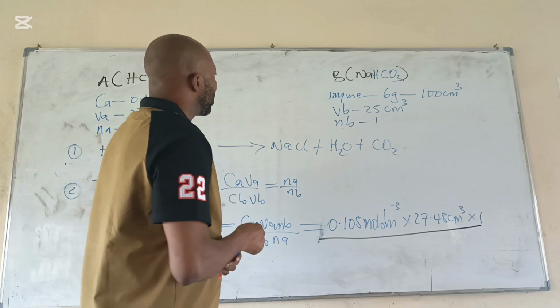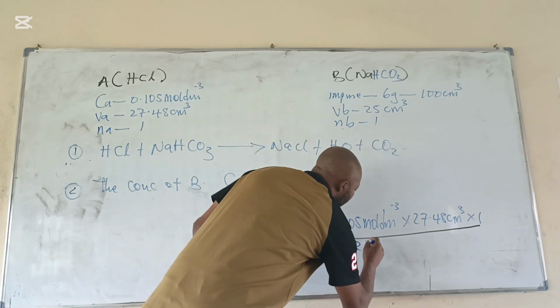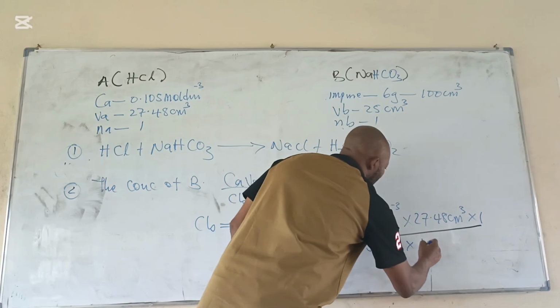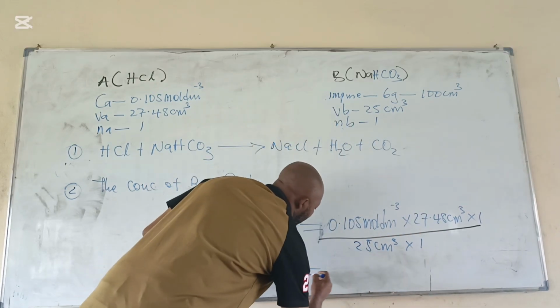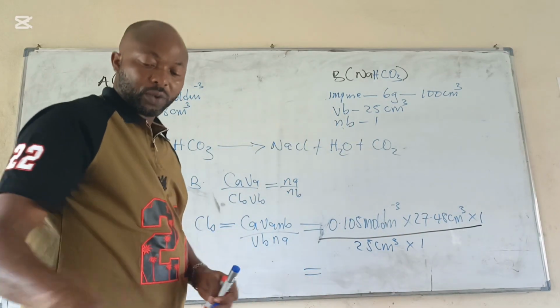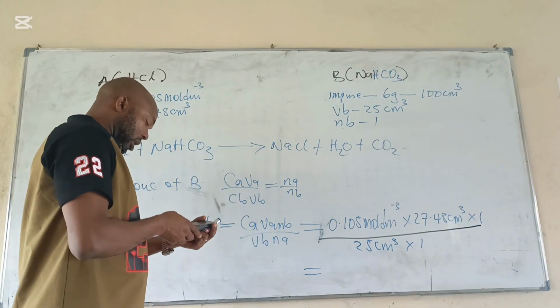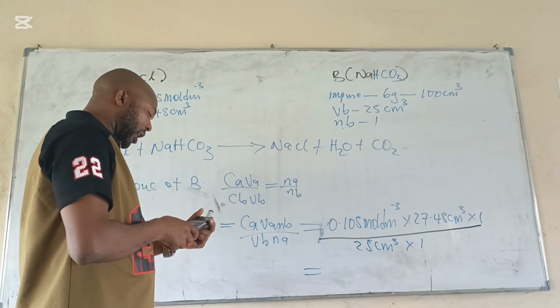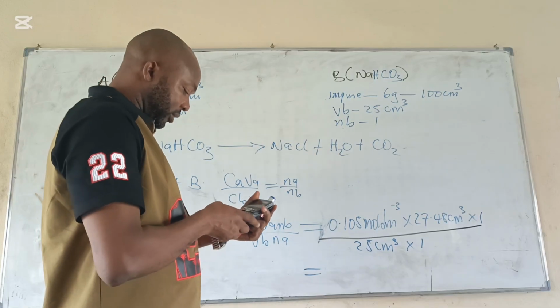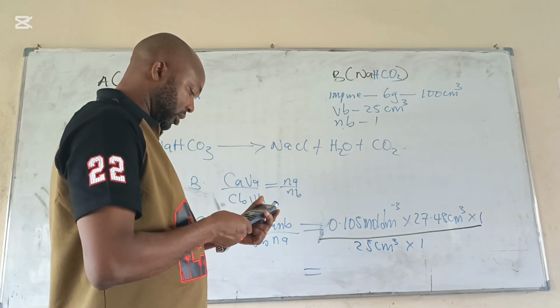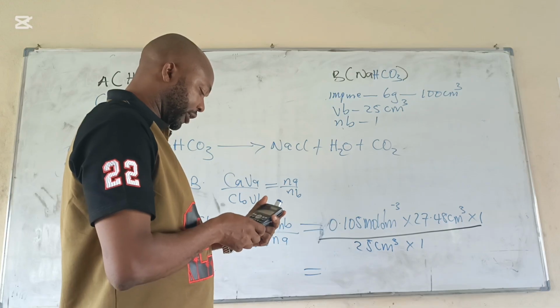Volume of the base is 25, times number of moles of the acid is 1. And this is equal to, so when we use our calculator, this is what we get: 0.105 times 27.48 divided by 25.